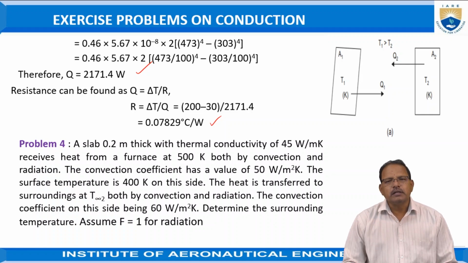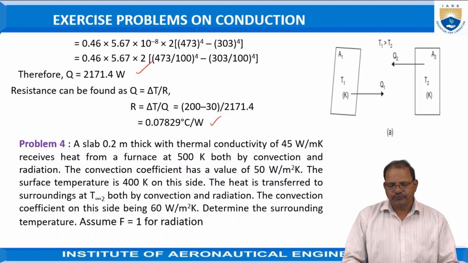The surface temperature is 400 Kelvin on this side. The heat is transferred to the surroundings at T alpha 2 both by convection and radiation. The convection coefficient on this side is 60 watts per meter square per degree Kelvin. Determine the surrounding temperature. Assume F is equal to 1 for radiation.